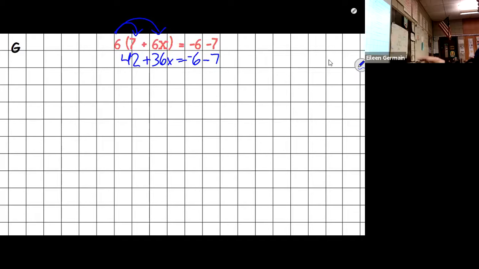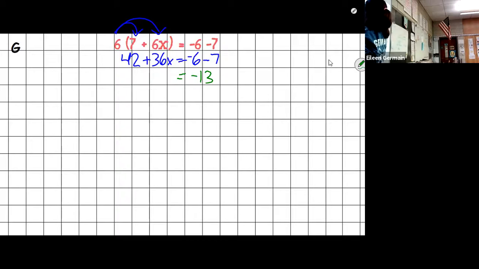Peyton, can you unmute Peyton? And can you tell me what the next step would be here? I put the 6 and the 7 together. Good. And what would it combine to? Negative 13. Negative 13, very good. Is equal to?